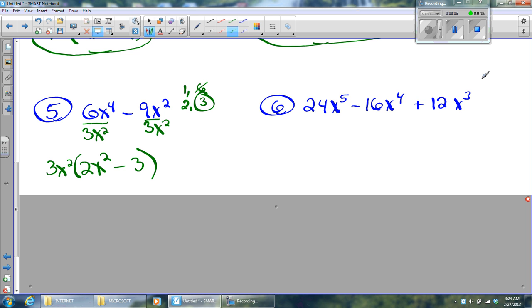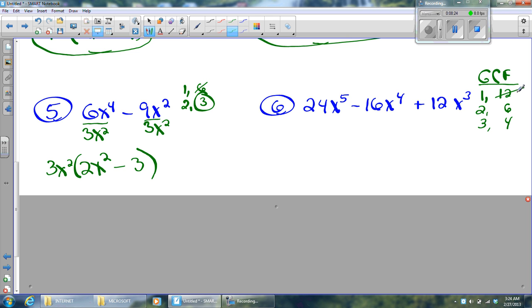All right, I'm going to go and find the GCF of my coefficients. And the smallest number is 12, so I'm going to list the factors of 12. And 12 goes into 12, of course, does not go into 16.